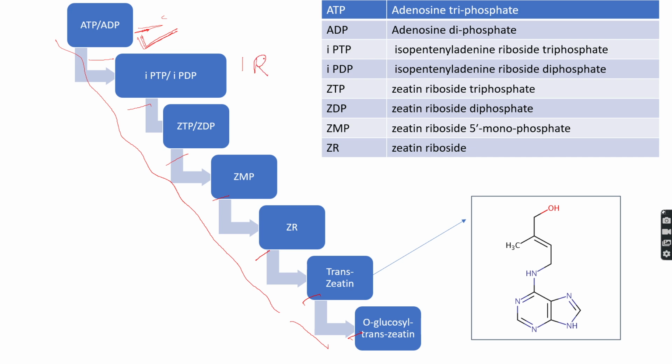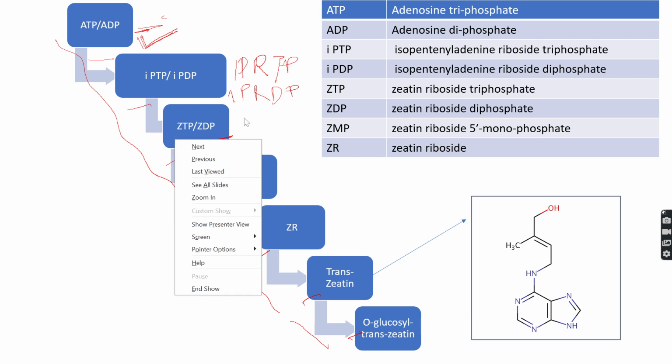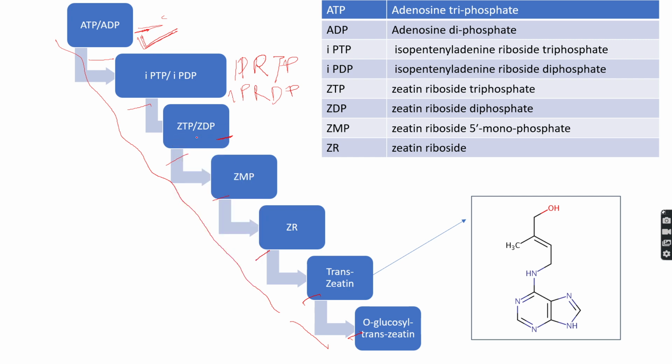Otherwise, it is called as iPRTP or iPRDP. Okay. Third is your ZRTP or ZRDP, zeatin riboside triphosphate or zeatin riboside diphosphate.